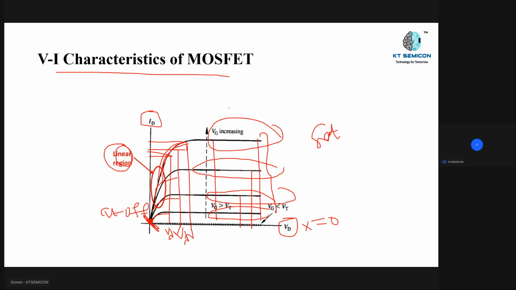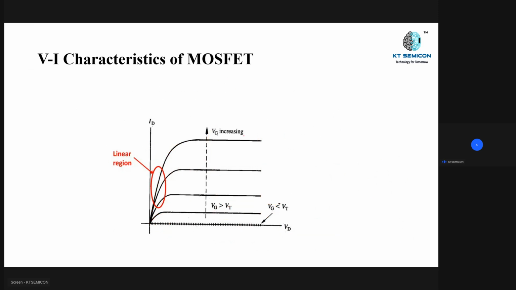So this region is known as the saturation region. So here cutoff, here linear, and here saturation conditions. So these are the four cases.